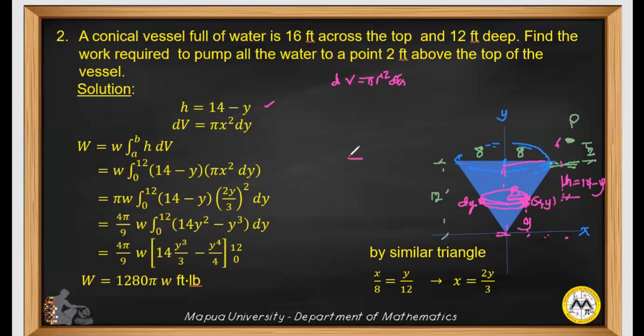So if we consider the right triangle form, the height is 12 feet. This is equal to 8. And if this is the element, it has radius x, and this is y. So we were able to form two right triangles, this small right triangle and the big right triangle.